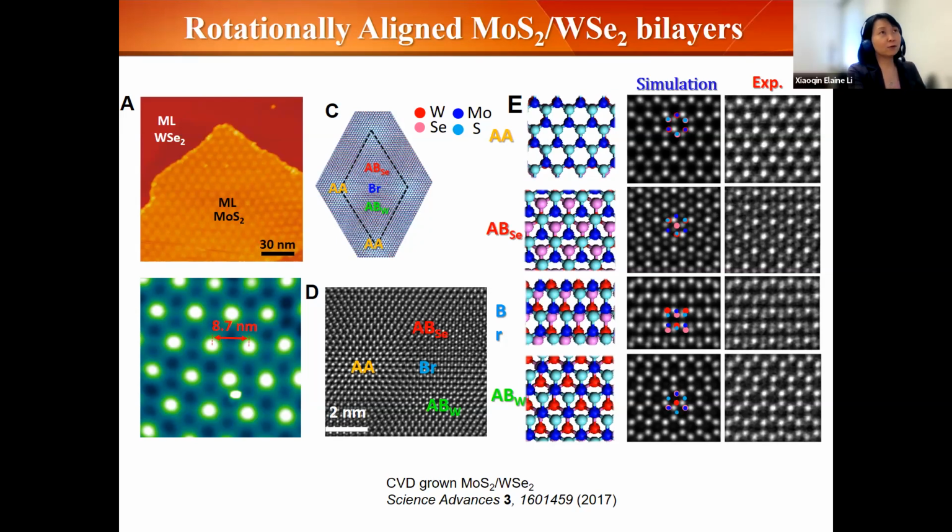Even though there's no twist angle, because the lattice constants differ by about 4%, if I move from one position in the Moiré supercell over by tens of atomic unit cells, I would have a different atomic alignment. So there are about three high-symmetry points that we call the AA site, the AB selenium site, and the AB chalcogen site, which just refers to different atoms sticking out at the center of the hexagon of the top layer.